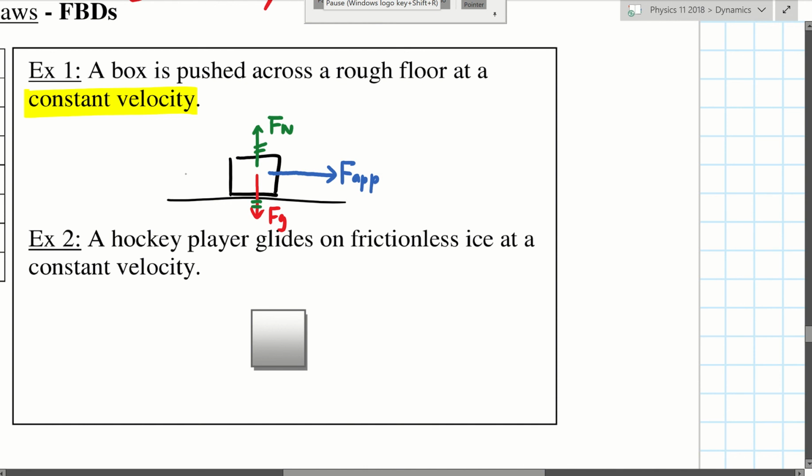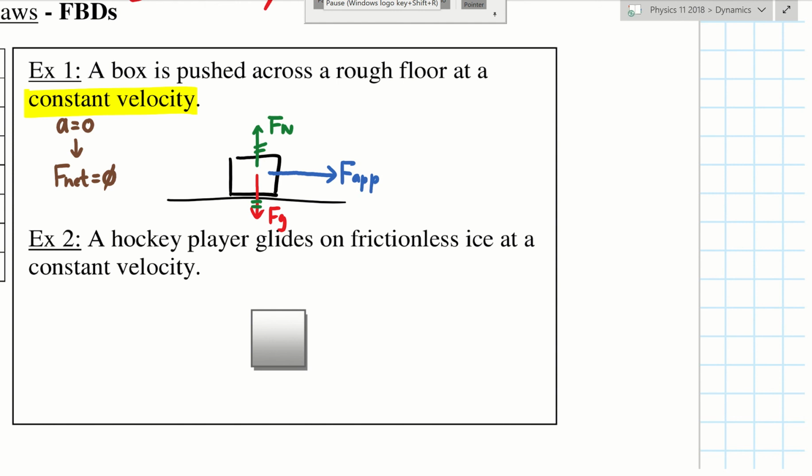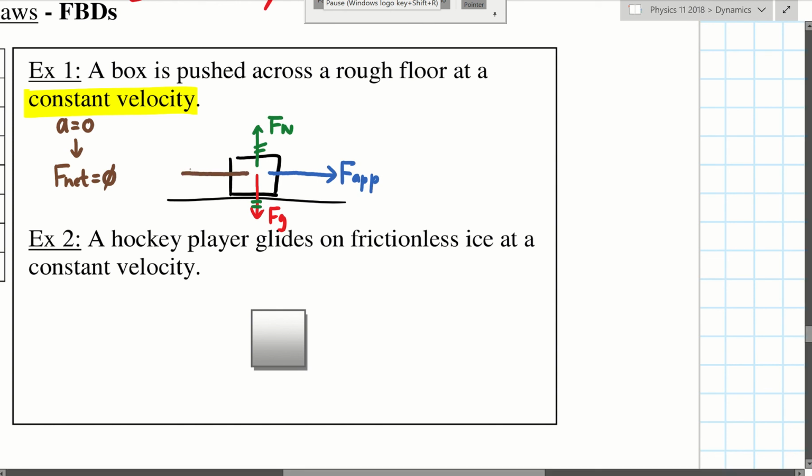It says constant velocity. Constant velocity means acceleration equal to 0. Acceleration equal to 0 means F net equal to 0, because the only way you can have constant velocity is if there is no net force. Looking at that picture right now, that doesn't look like no net force to me. I mean, obviously, applied force has no enemy. Well, we have to add an enemy. Well, what could this enemy be?